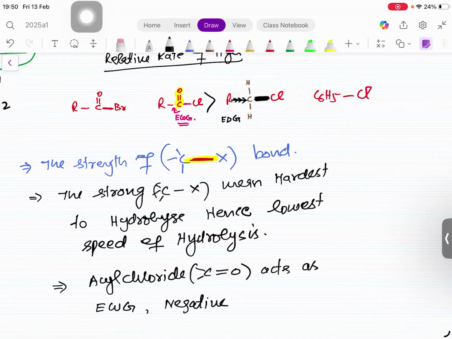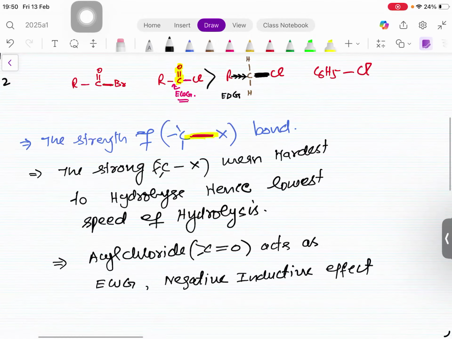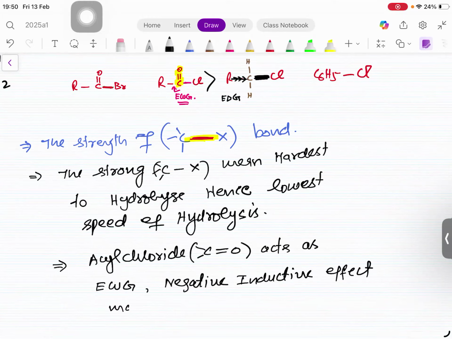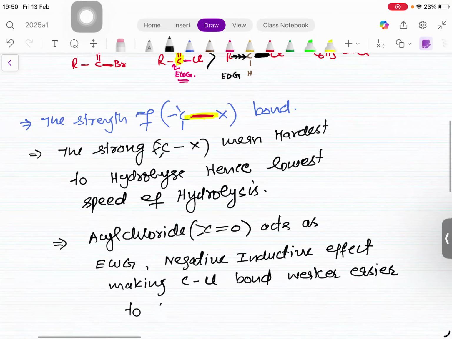Yes, it's a negative inductive effect we say. Negative inductive effect. Okay. Making C-Cl bond weaker. Yes. Easier to hydrolyze. Okay.